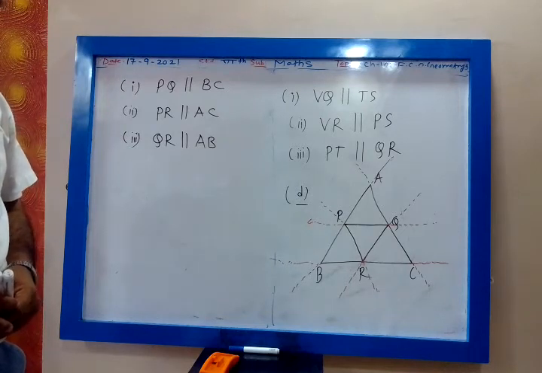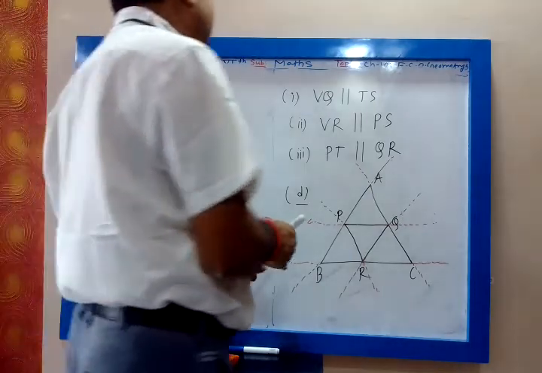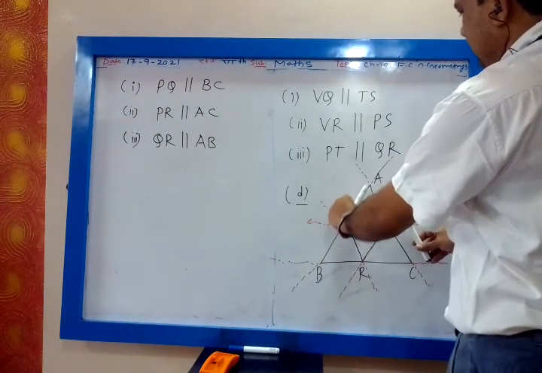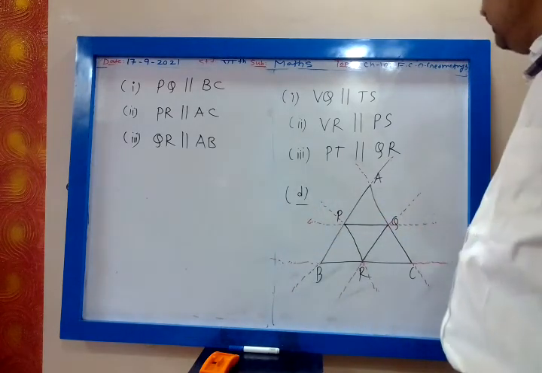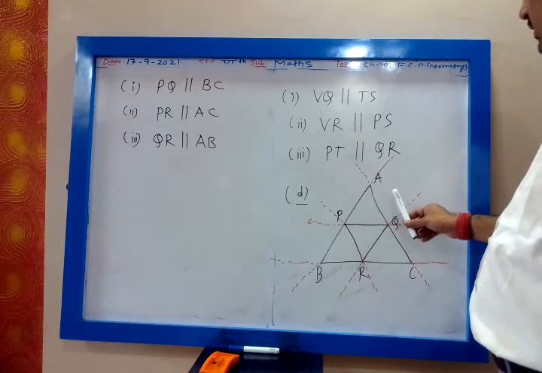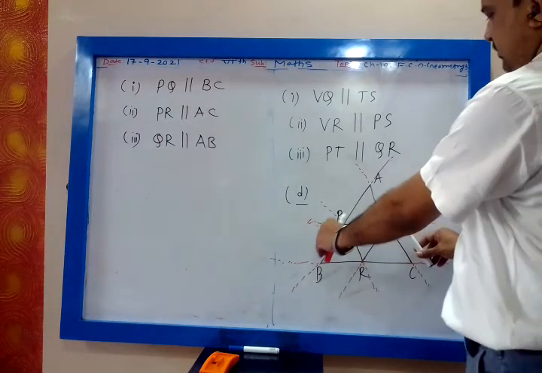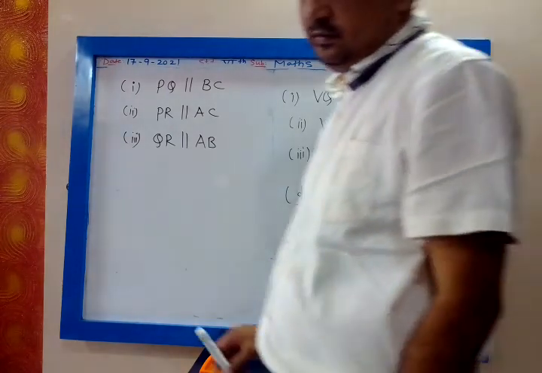AB is parallel to? How can AB be parallel to AC, my dear? This is my AB and this is my AC. They are intersecting, so they are not parallel.